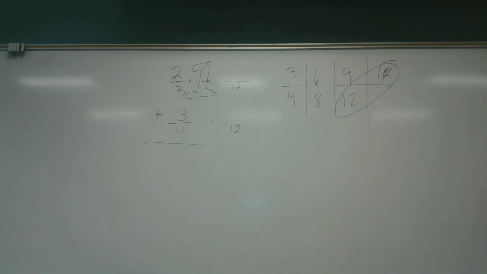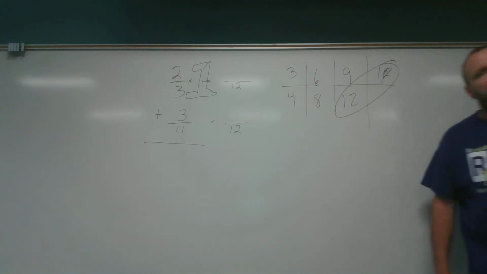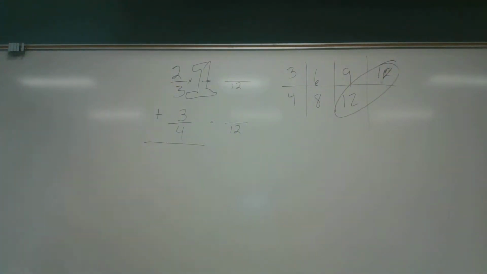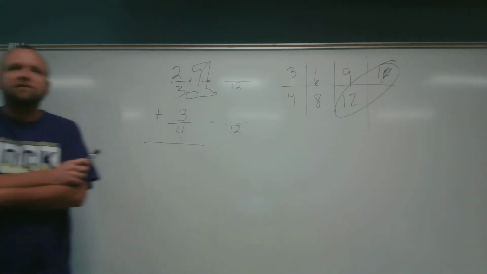Joshua, give me an example of a fraction that equals 1. 1 over 1. Kinley, give me an example of a fraction that equals 1. 1 over 1. Okay, he gave me that example. Give me a different example, Kinley. 4 over 4. 6 over 6.